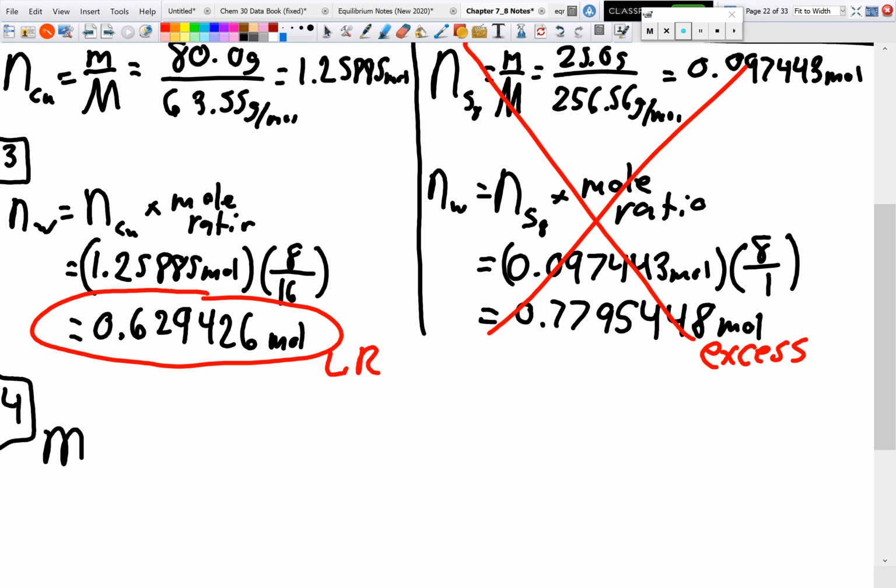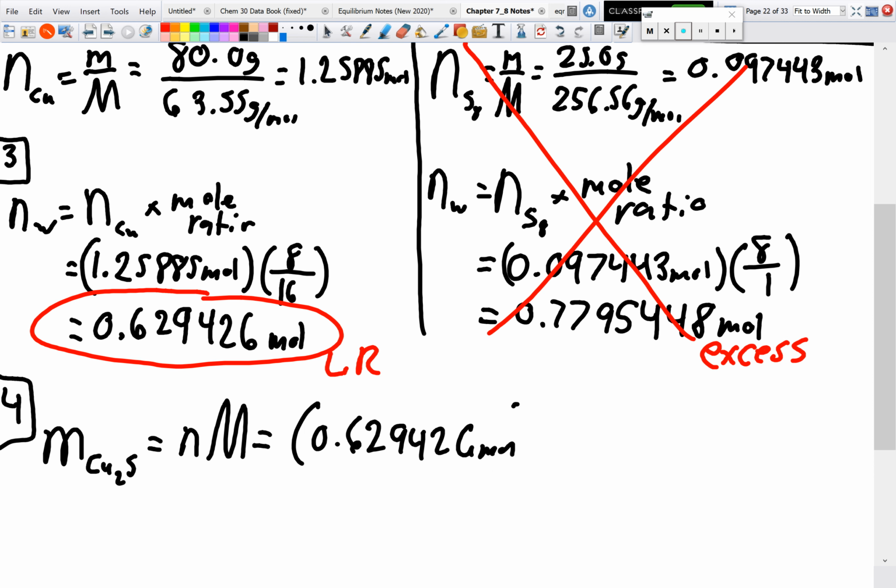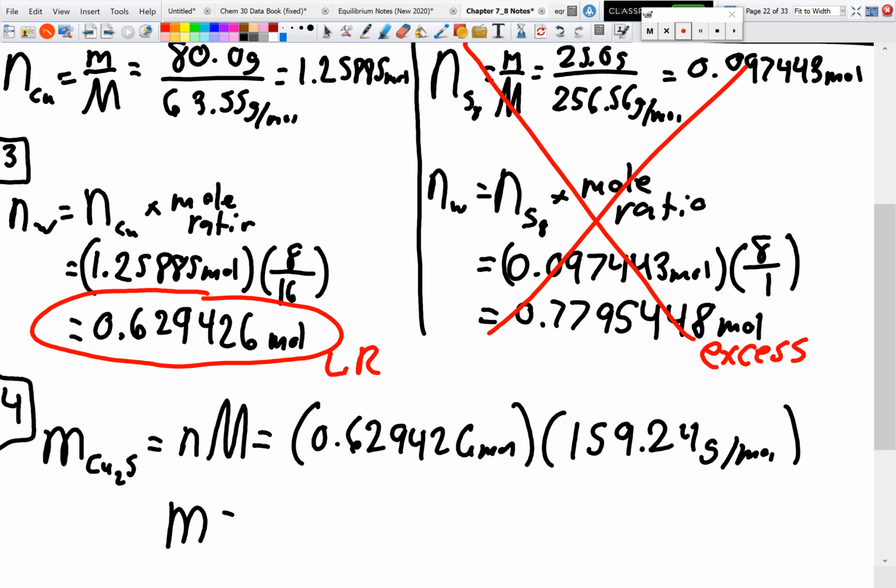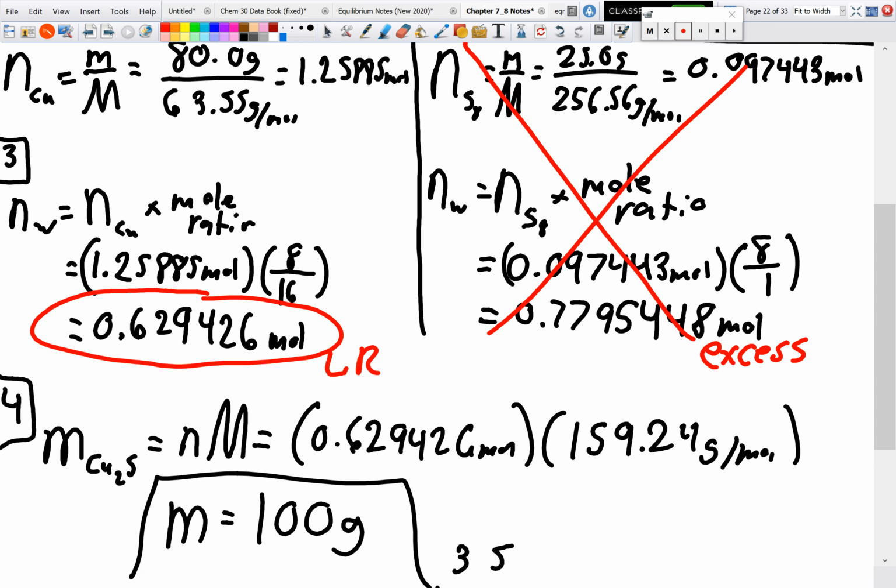So mass, in this case, is copper(I) sulfide, equal to number of moles times molar mass. So we take the lowest number of moles calculated in step 3, multiply by the molar mass, and we are left with 3 significant digits.